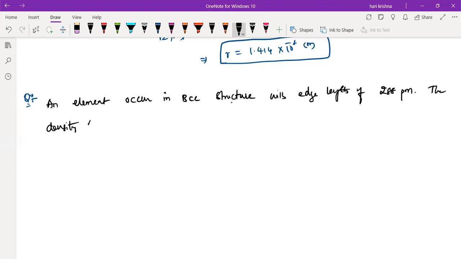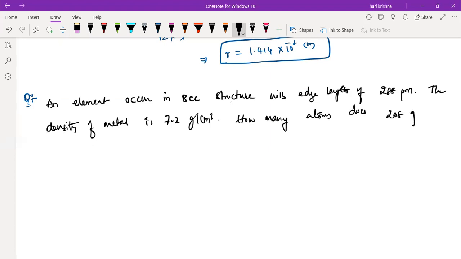The density of the metal is 7.2 gram per cubic centimeter. How many atoms does 208 grams of the element contain?